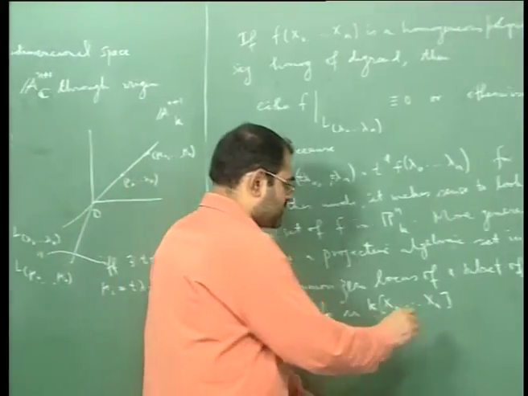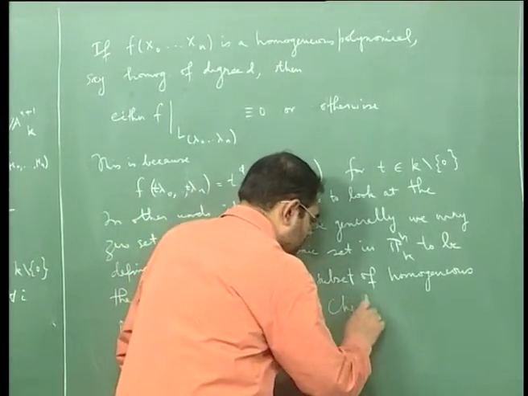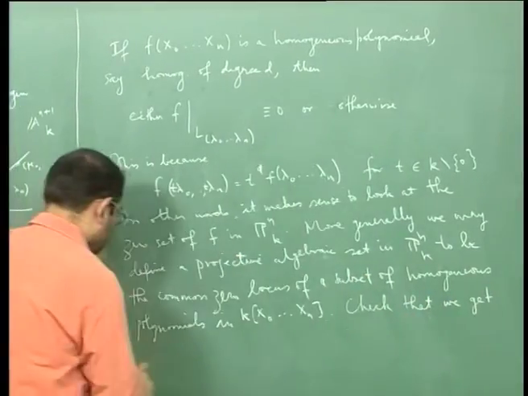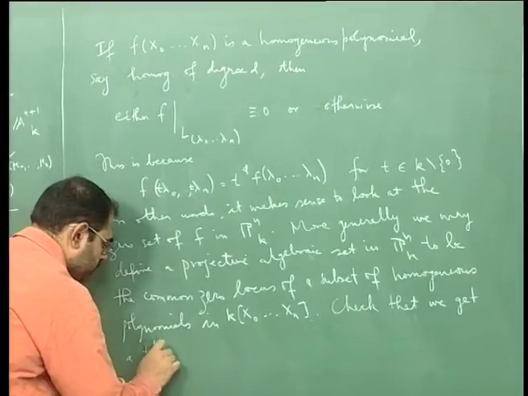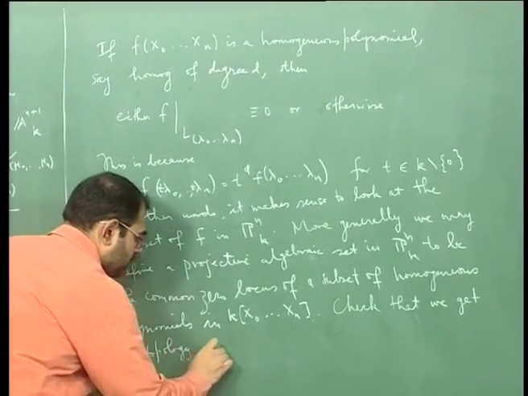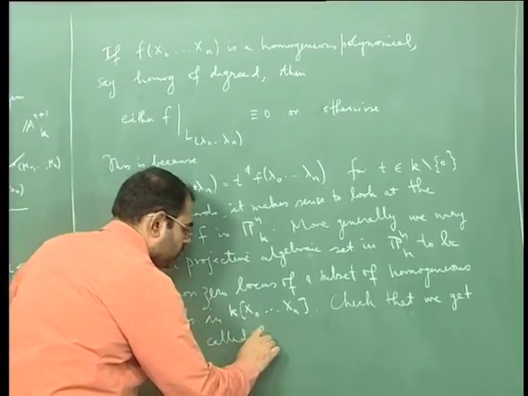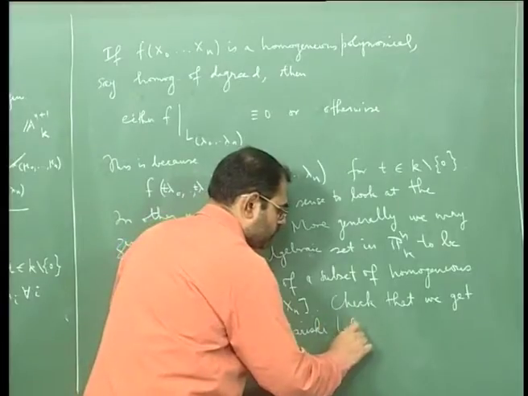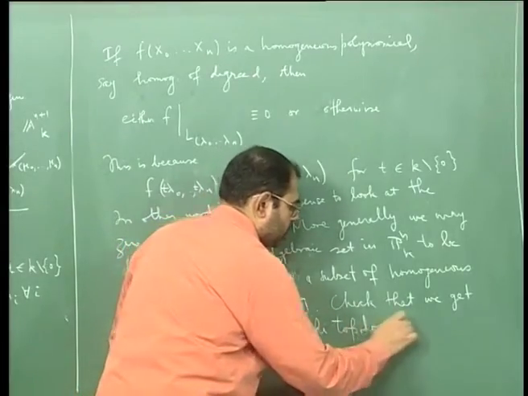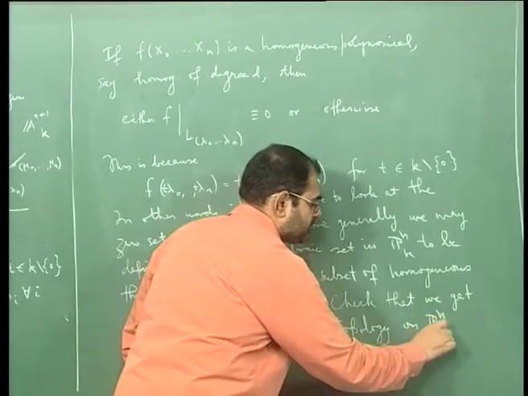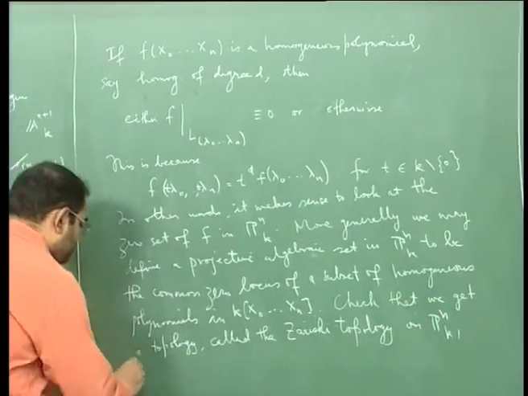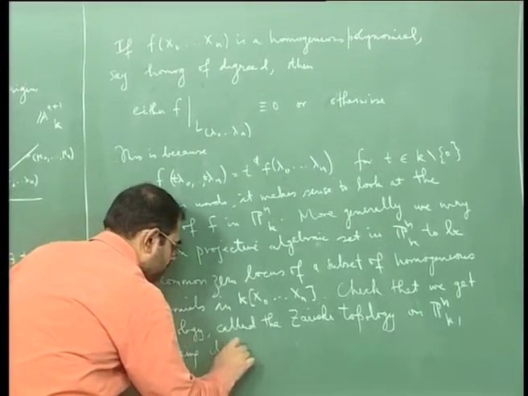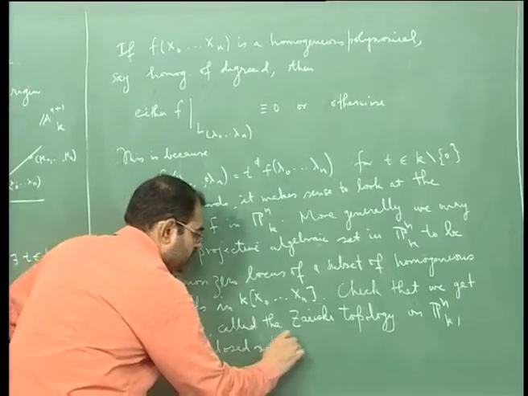You can check that this gives a topology, called the Zariski topology, on projective space by taking closed sets to be projective algebraic sets.